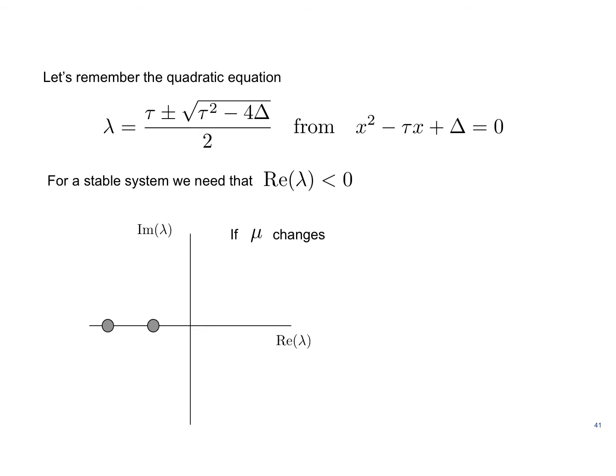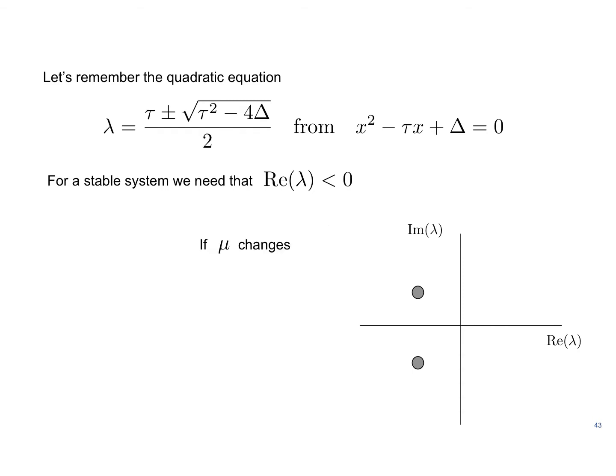But now if we go to the other case, when we have these complex conjugate eigenvalues, we will have this situation. They have the same real part, and they just differ in the sign of the imaginary part. The distance to the real axis here is the same.